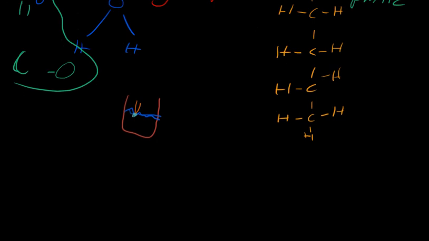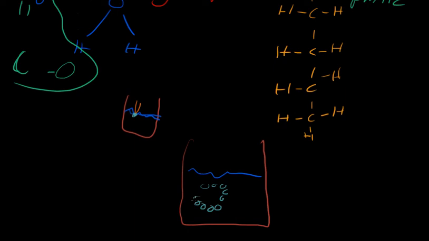What actually happens is that they will sort of group together, and the heads will be on the outside, and it'll sort of make a ball like that. I'm just drawing a cross section of it. It would actually be a sphere all the way around, and then all the little tails would be pointing into the middle.